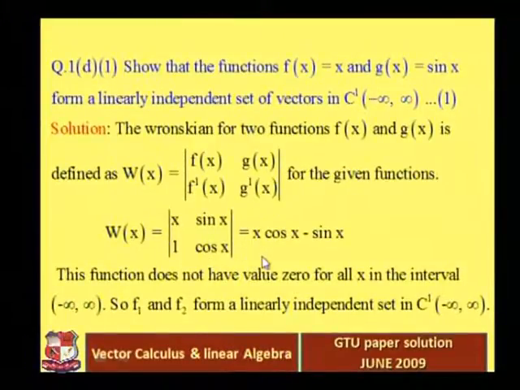Simplifying this determinant, that is x cos x minus sin x, right? This function does not have the value 0 for all x in the interval minus infinity to infinity. Okay, so f1 and f2 form a linearly independent set in C1 from minus infinity to infinity. So here is the complete solution of this question.